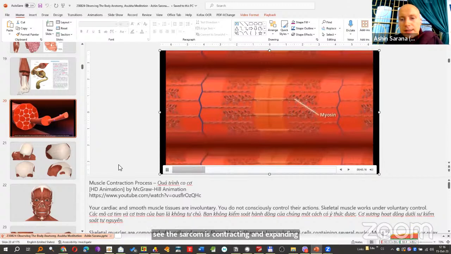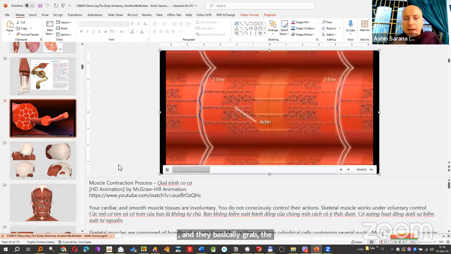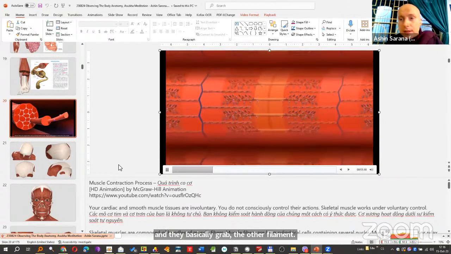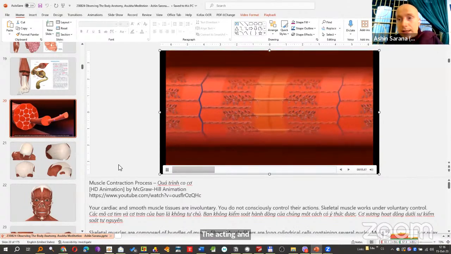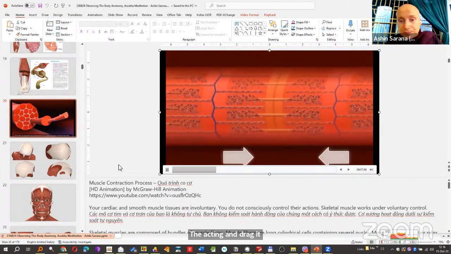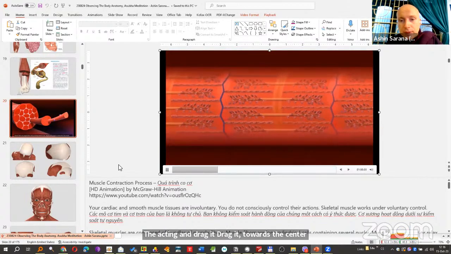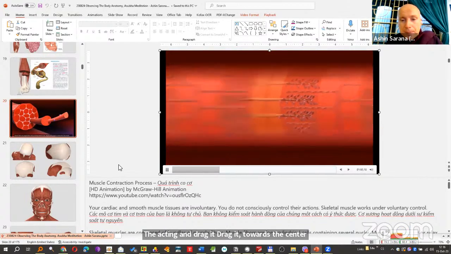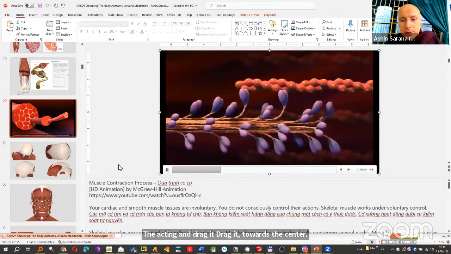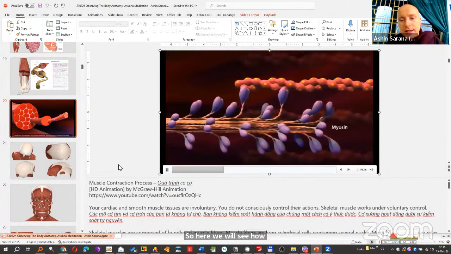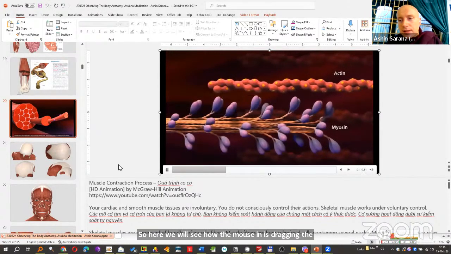There are these things called myosin, and these myosin basically grab the other filament, the actin, and drag it towards the center. Here we will see how the myosin is dragging the actin towards the middle.